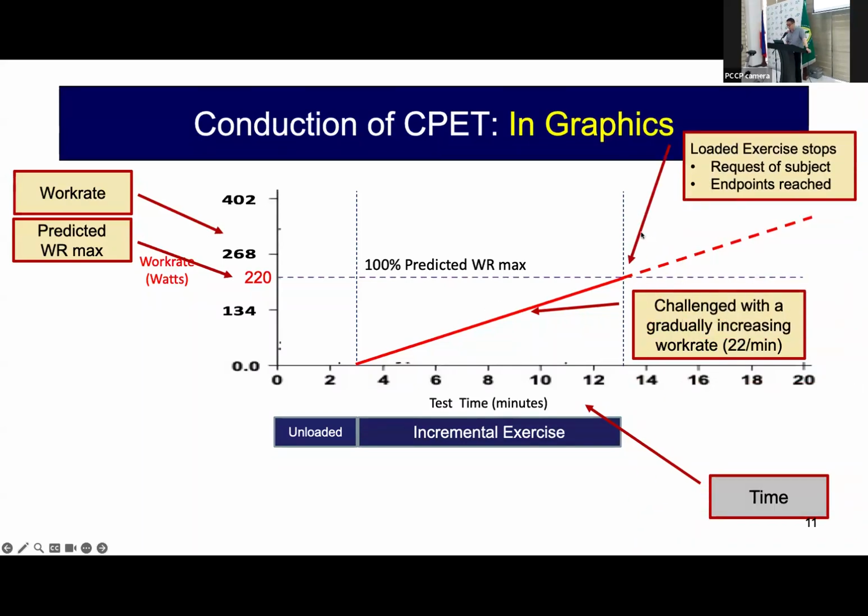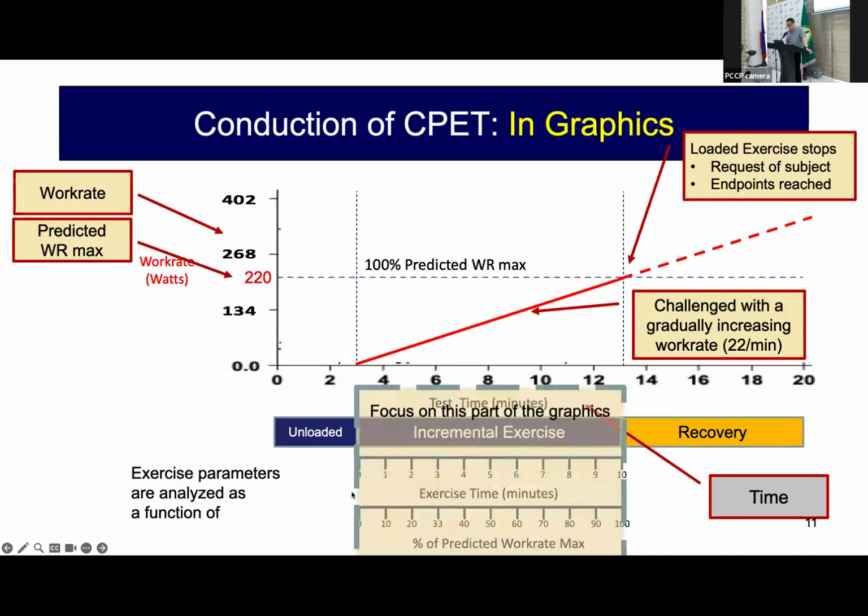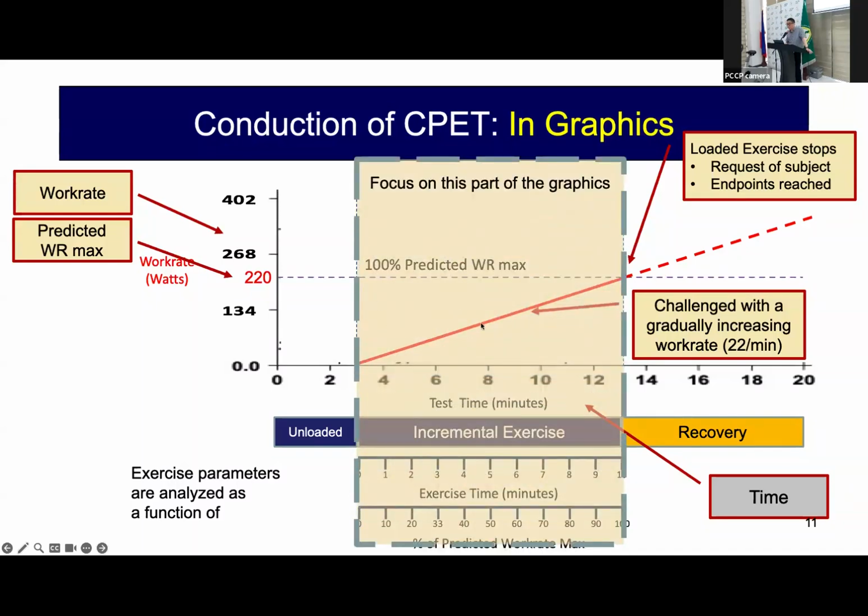So the loaded exercise stops upon request of the subject and endpoints are reached and the subject goes into the recovery phase. And usually we present this in a graph wherein the x-axis is time, or the x-axis may be percent of the predicted work rate maximum. And when I present a graph, this is what we're going to talk about subsequently.